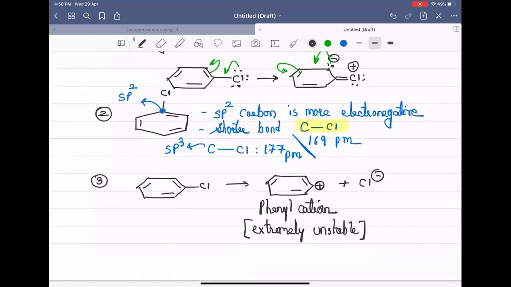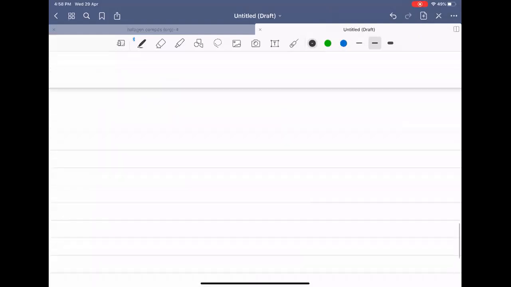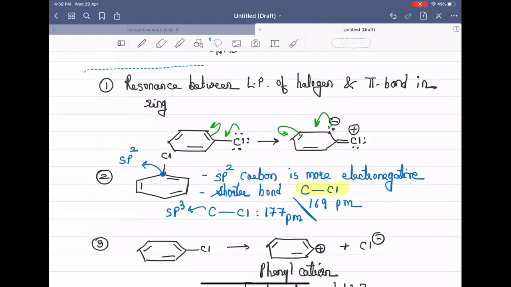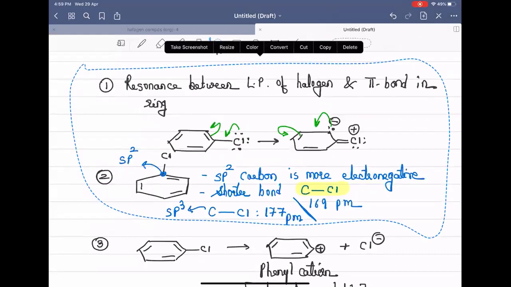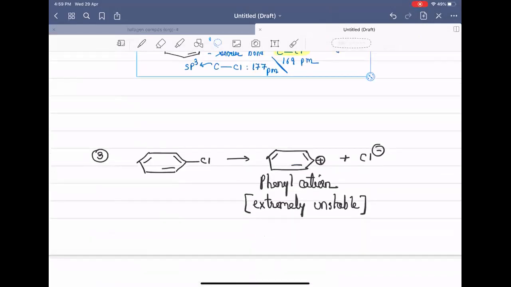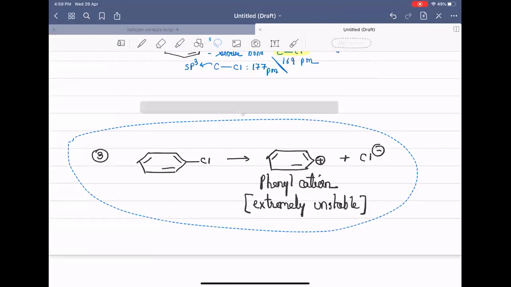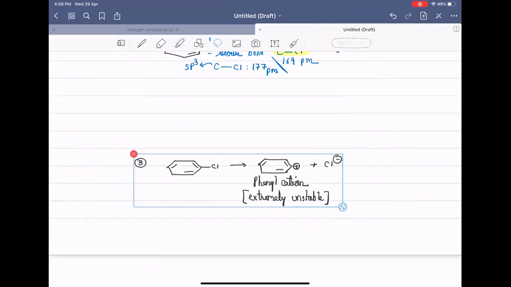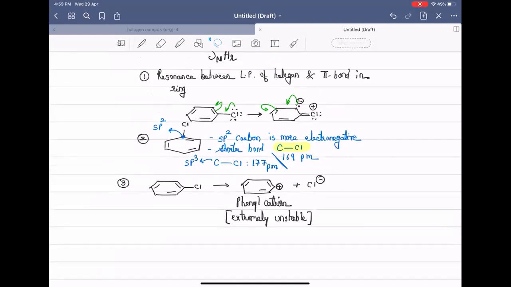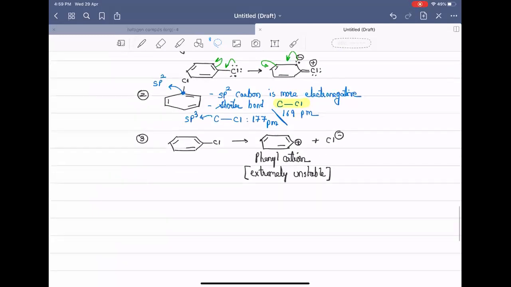And the fourth point that you have to mention here is the electron-rich aromatic ring.